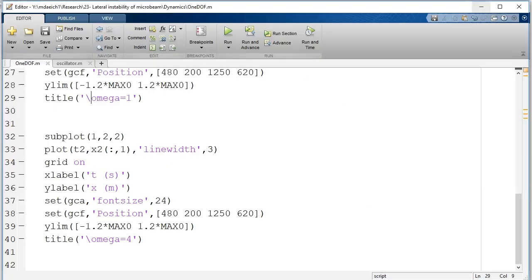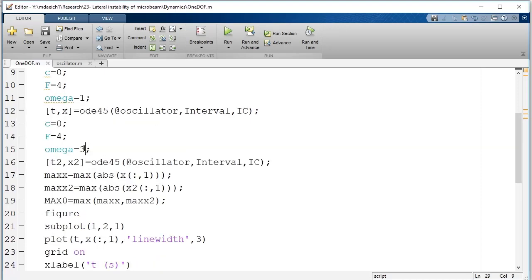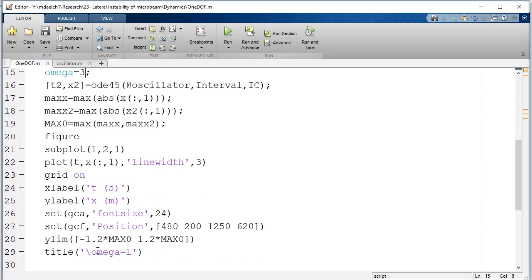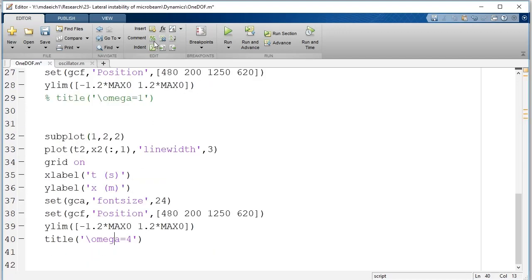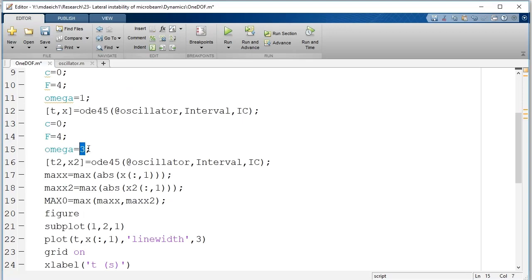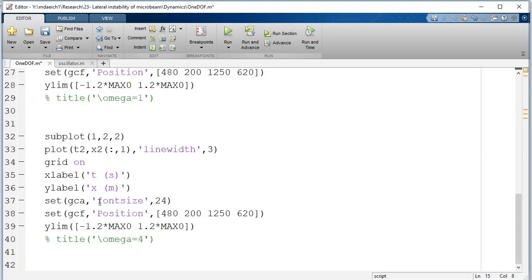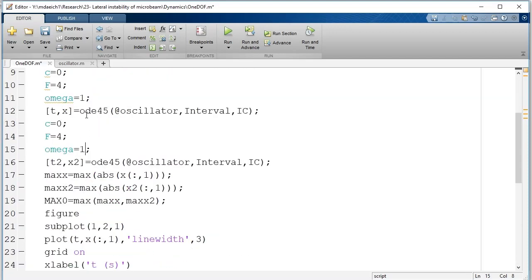And basically here we can do something interesting. So let's just comment this out. Let's start from 1 and go, for example, to 7. So omega equal to 1, omega equal to 2.